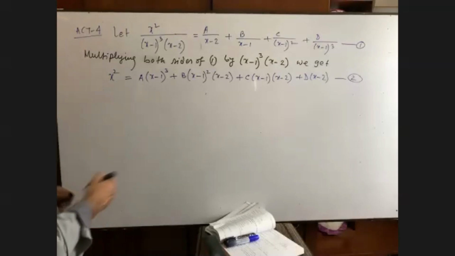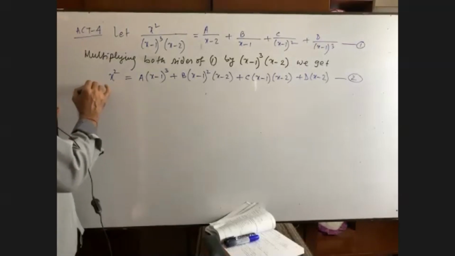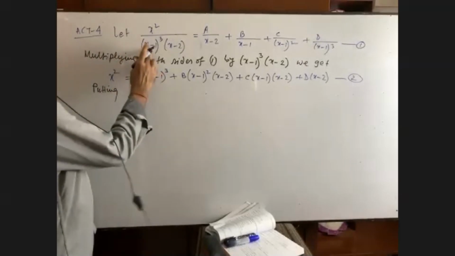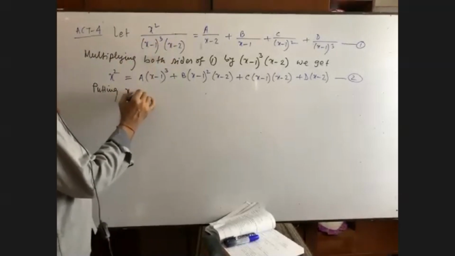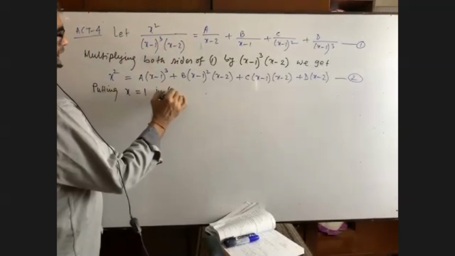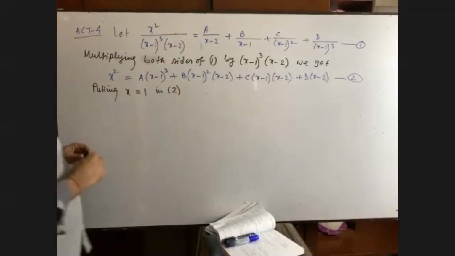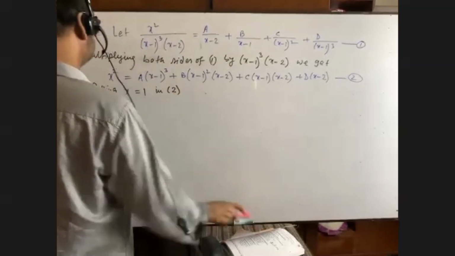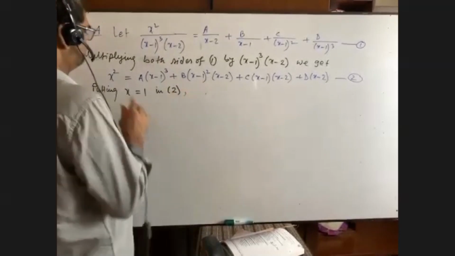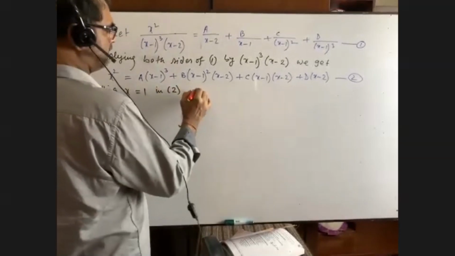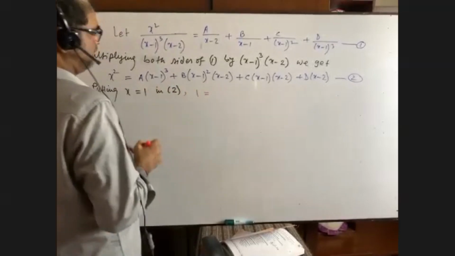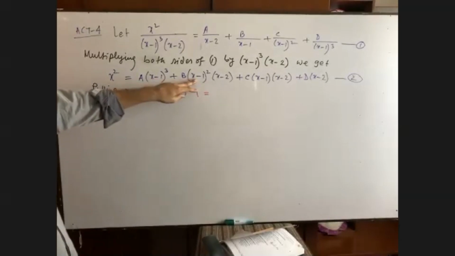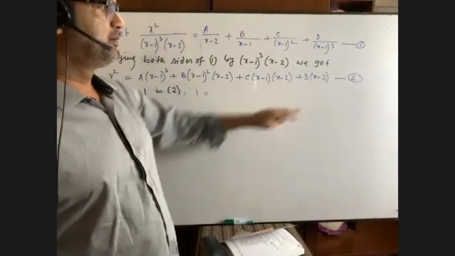Okay, now what is to be written? Putting, we are getting two values, x equals 1 and x equals 2. So putting x equals 1 in 2, what will be there? 1 square means 1. This is 0 as x equals 1, this is 0, this is 0, but this part is not 0.